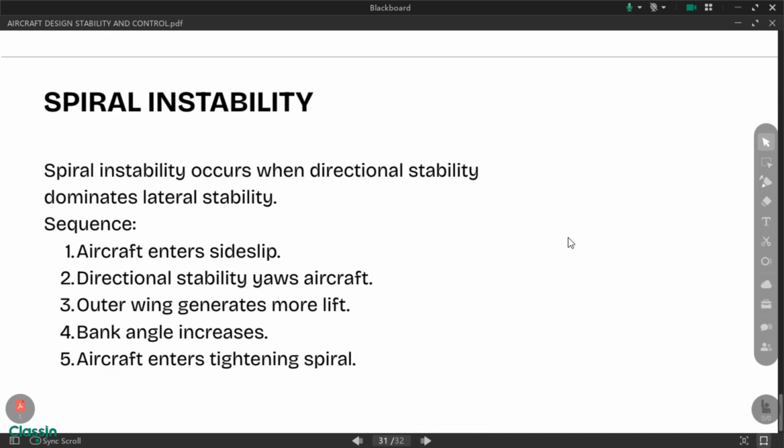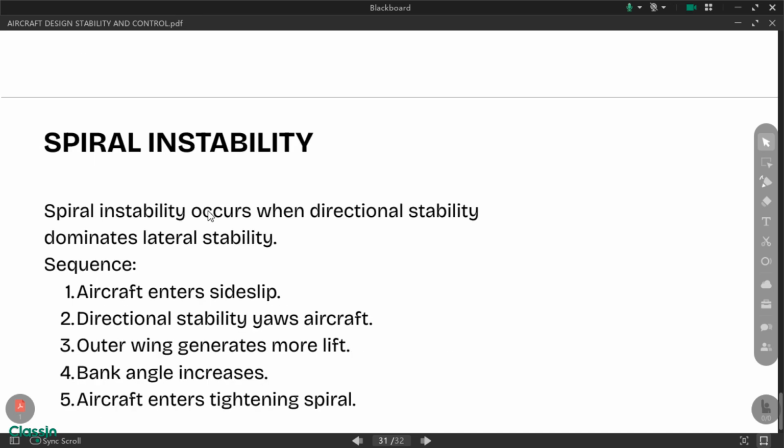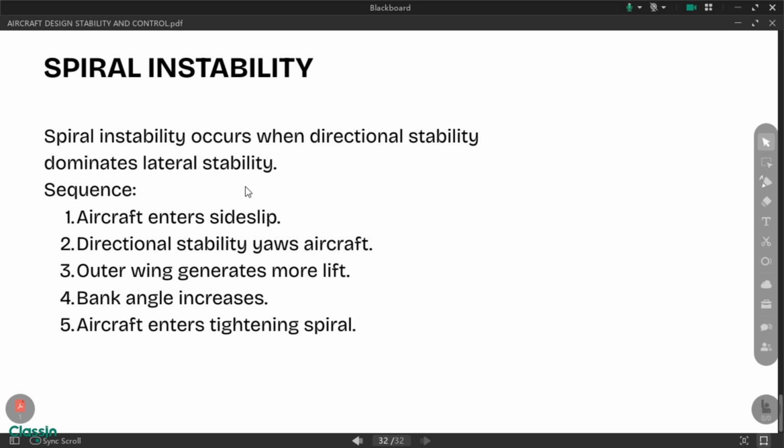So next, finally, we have spiral instability, another important lateral directional stability phenomenon. But unlike our Dutch roll, which is oscillatory, our spiral instability is usually slow and progressive.